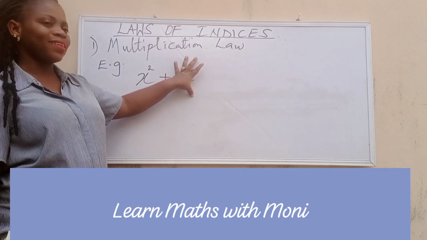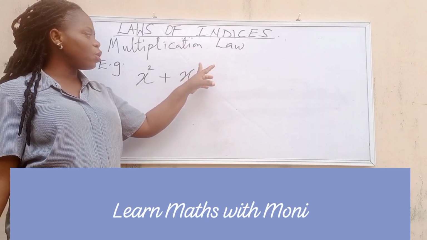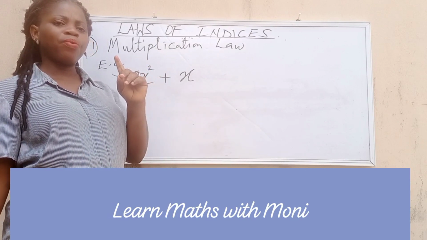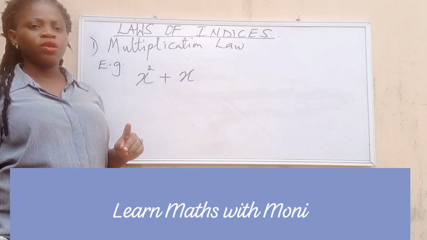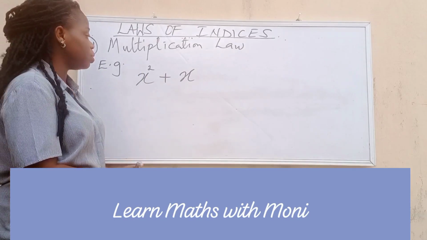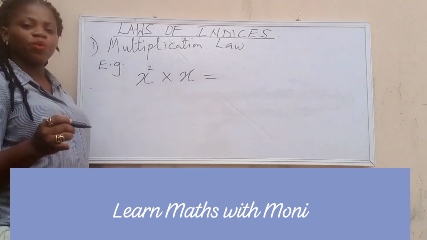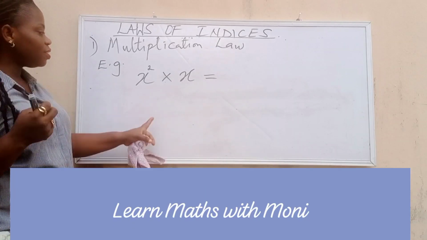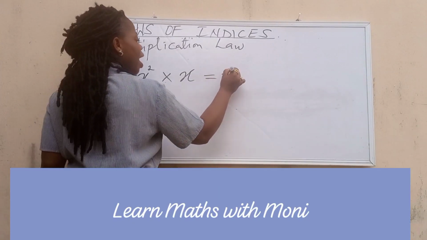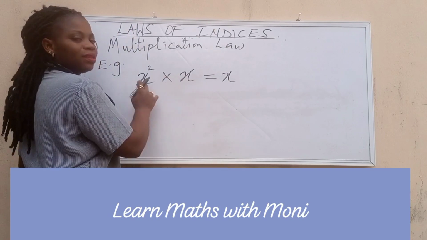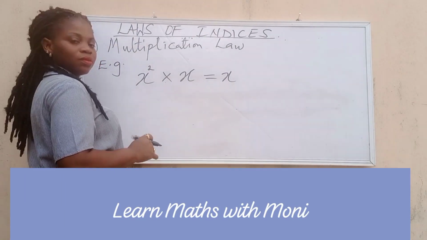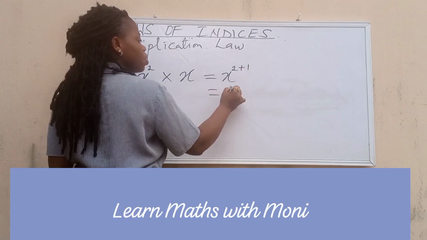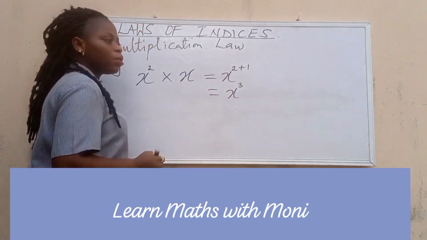So when you see x like this, the power is not written. That means it is raised to positive power of 1. So here I have x raised to power 2 times x raised to power 1. Since the bases are the same, that is x raised to power 2 plus 1, which equals x raised to power 3.